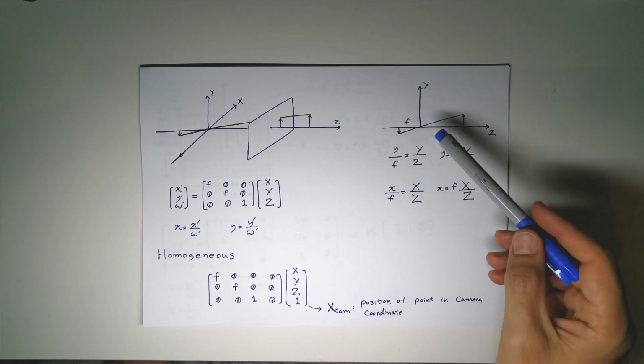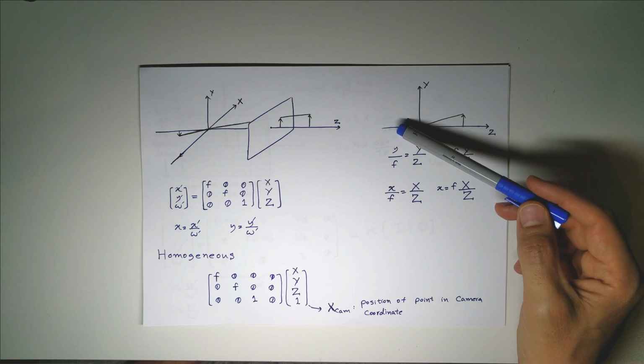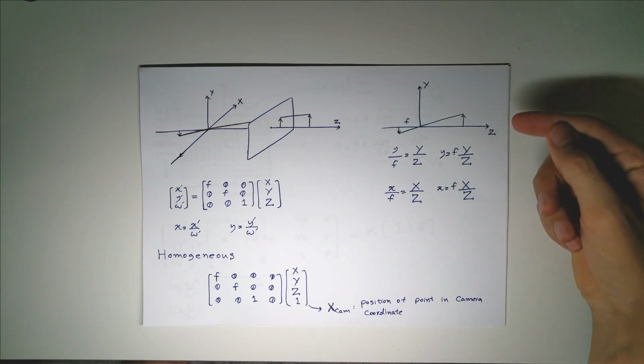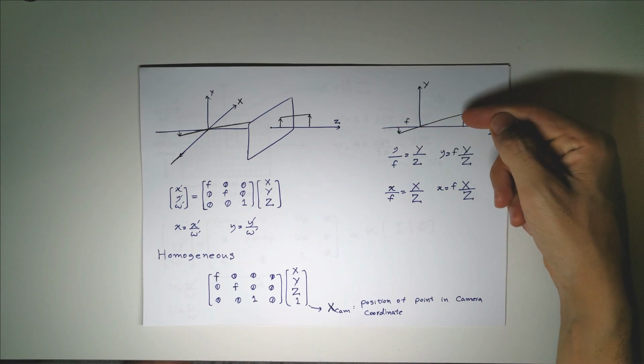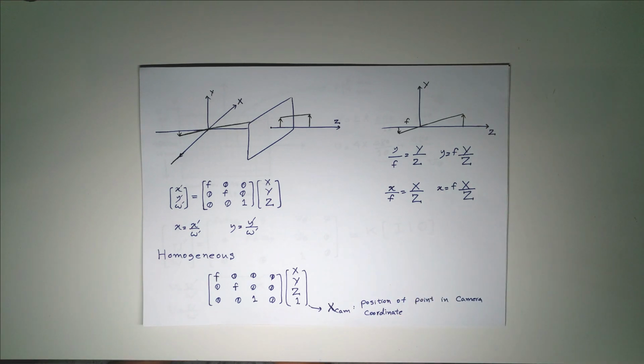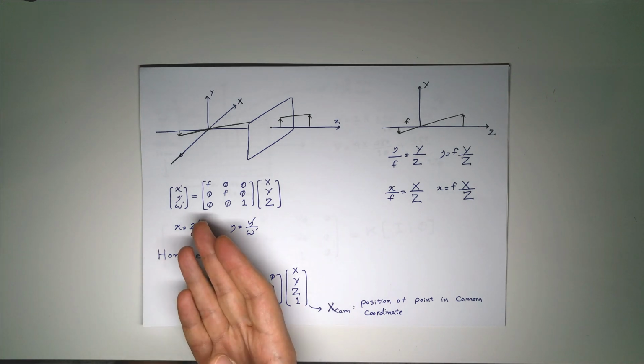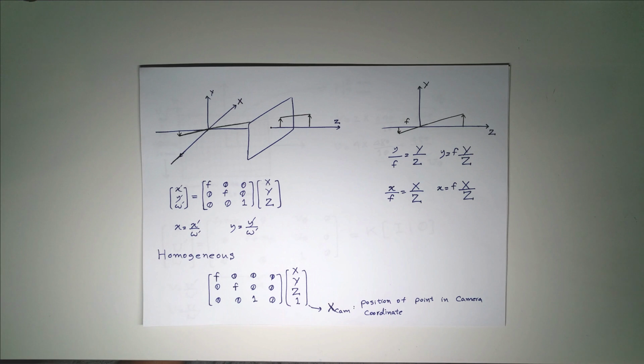So if you write the equation for these two triangles, you can easily see y over f is equal to Y over Z, and this is the same for x. So if I want to write it in the shape of a matrix multiplication, I can write it in such a form.